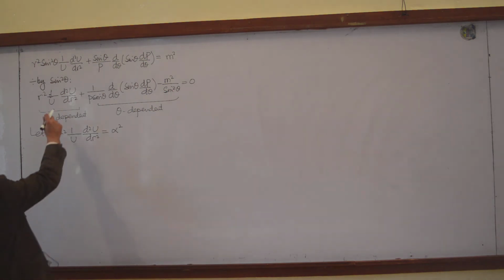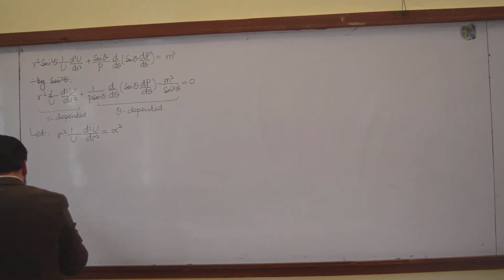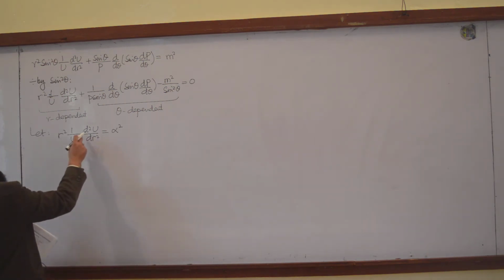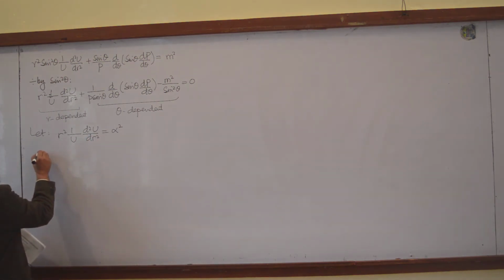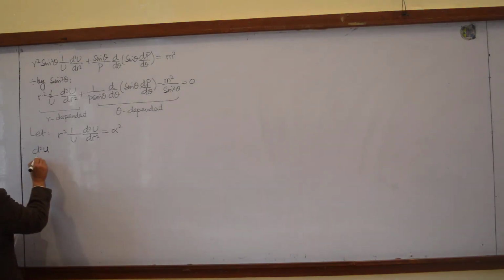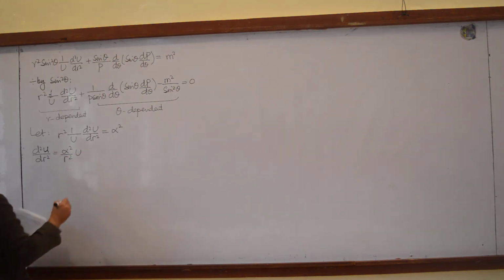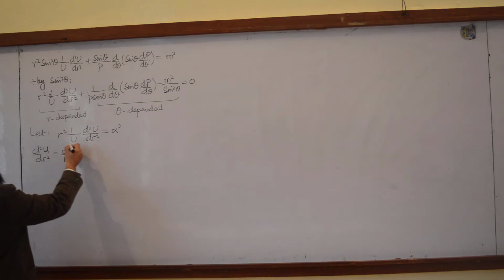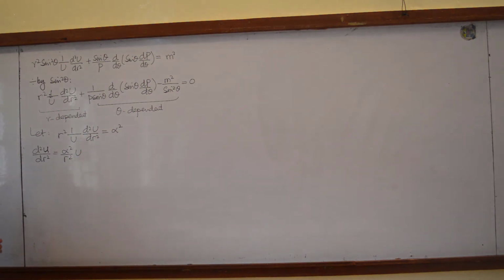Okay, this term is equal to alpha square, so I can reshuffle this equation and write that d square u by d r square is equal to alpha square by r square and u. The u means you move here, so alpha square by r square will be multiplied with u.